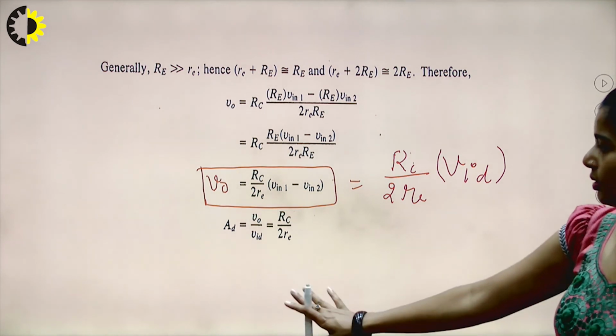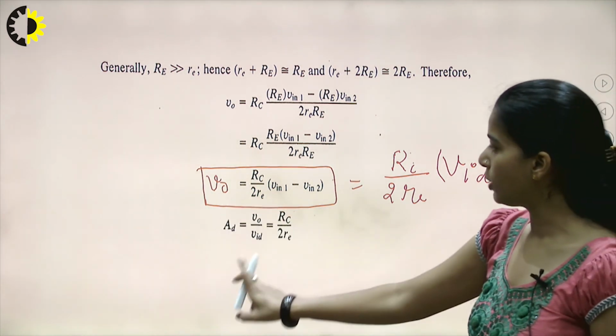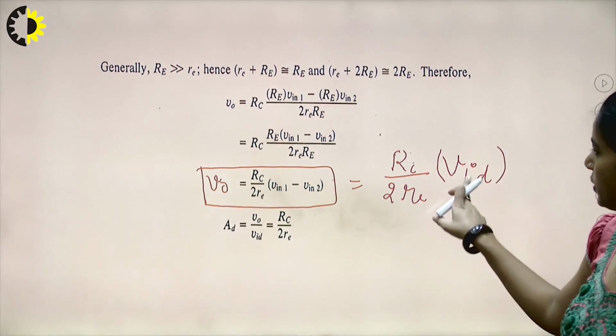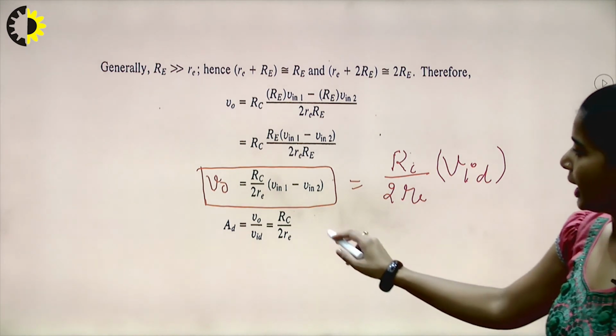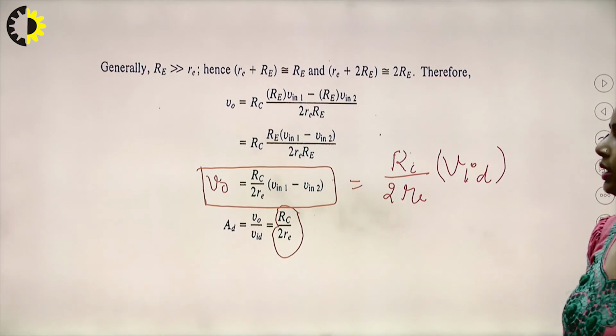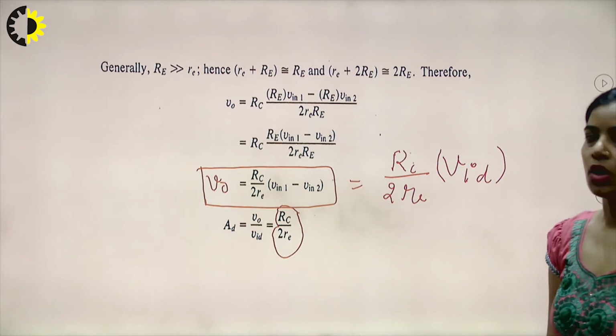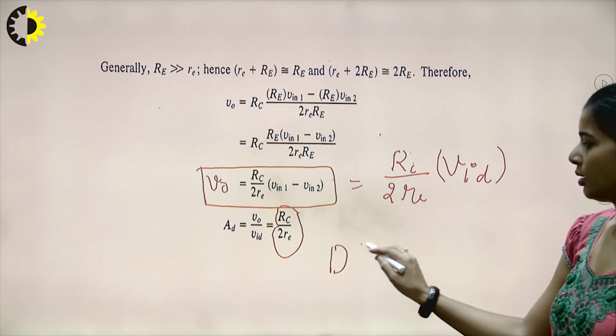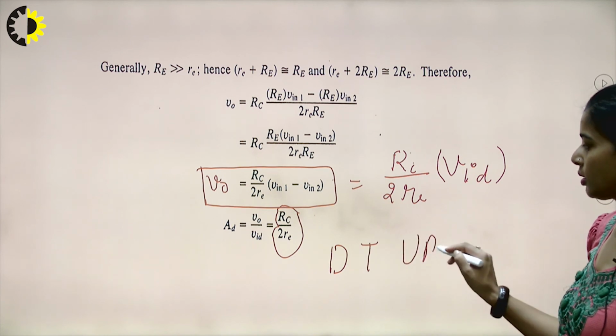So the gain will be Vout divided by VID, this VID will get cancelled out, and we are left with the term RC upon 2RE. So this is for the dual input unbalanced output configuration.